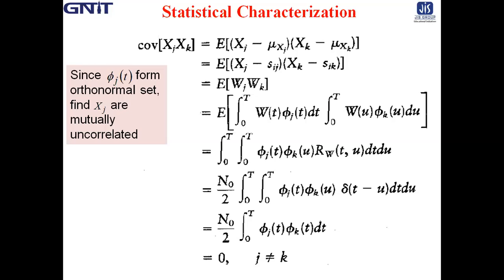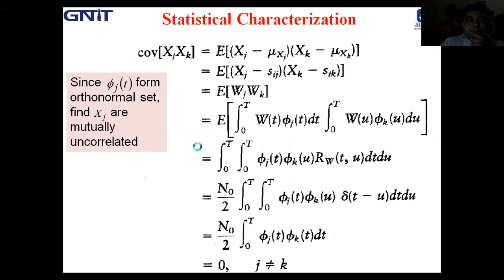That means we have to prove that the covariance of xj, xk should be 0.